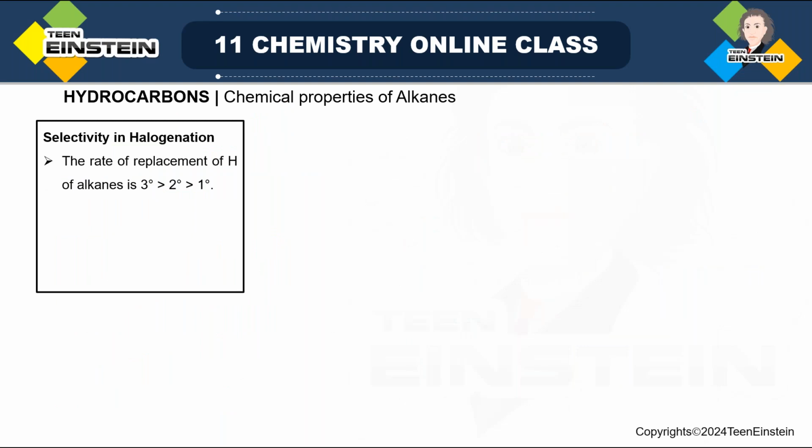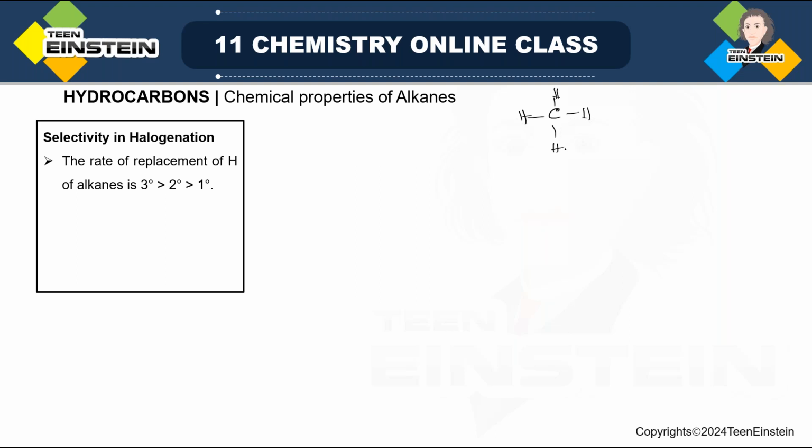Selectivity in halogenation. Now, selectivity means what? Selectivity means the previous example that you have seen, which is for methane. In that case, you have just one type of hydrogen. What I mean by one type of hydrogen? Methane means you have total 4 carbon hydrogen bonds and all the carbon hydrogen bonds are equivalent. But suppose you have an alkane where you have different types of hydrogen.